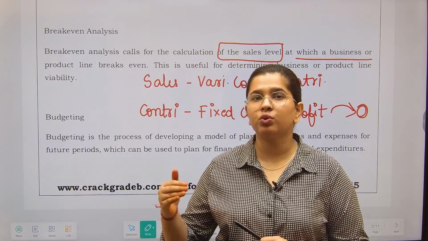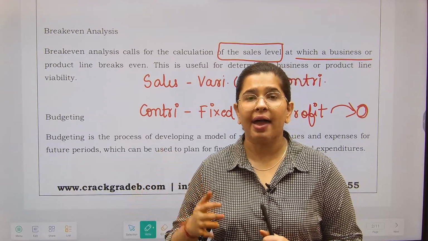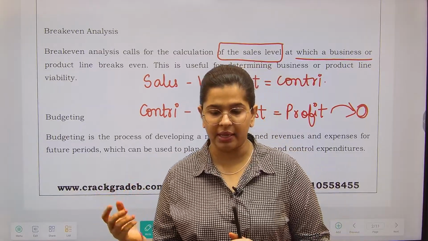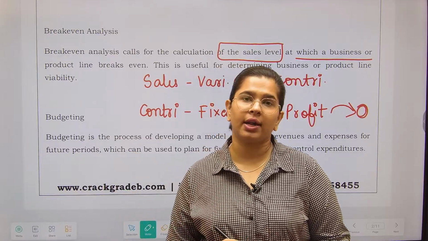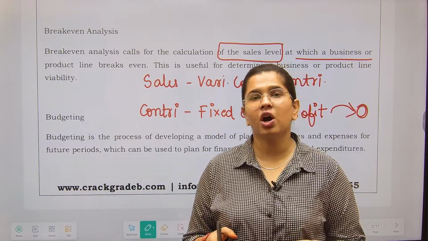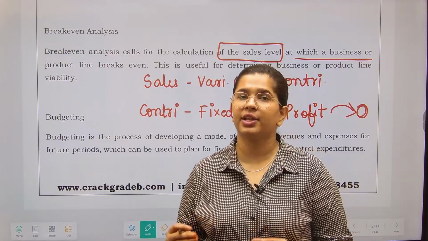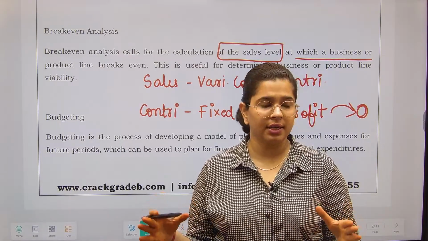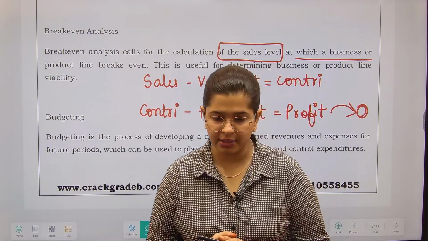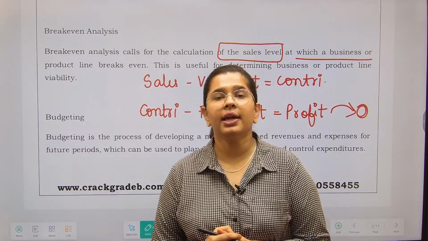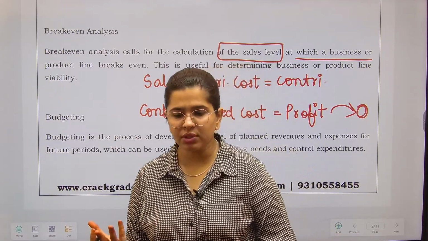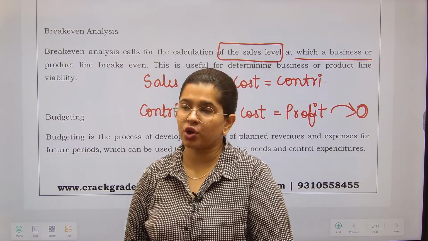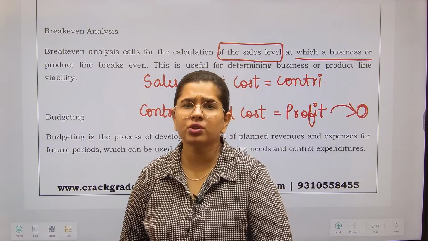When I am producing 2000 packets of biscuit, I will need more maida. So that cost, material cost, is called the variable cost. Fixed cost means which does not have any relation with the production. For example, rent. Suppose in a factory, whether you are producing 5 products or 6 products, the rent is going to remain the same.